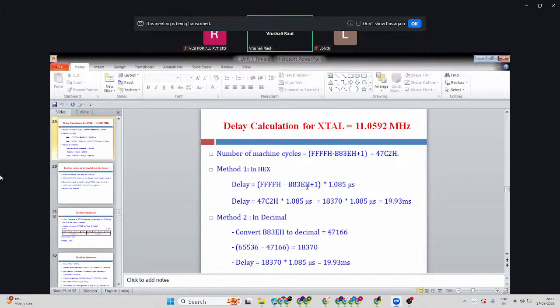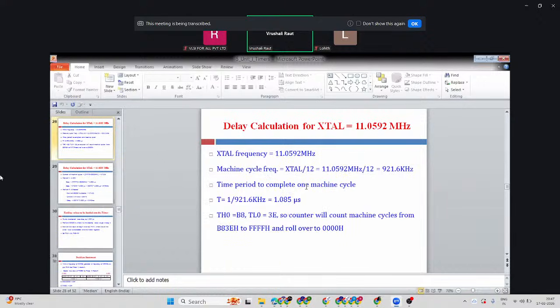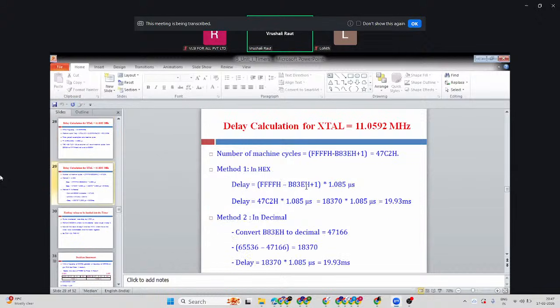That's why I'm going for the other problem.